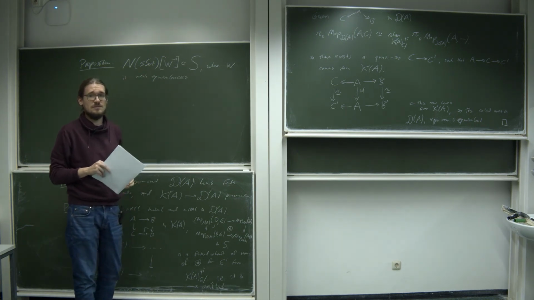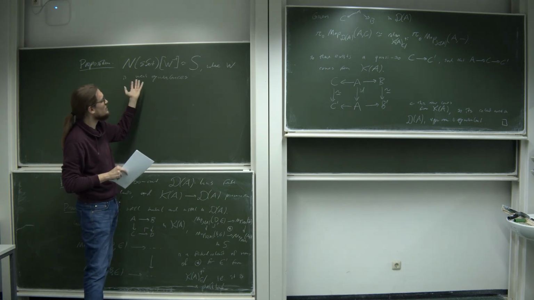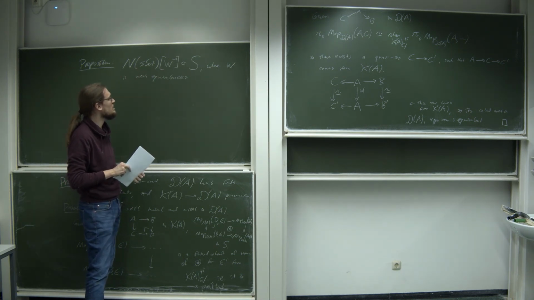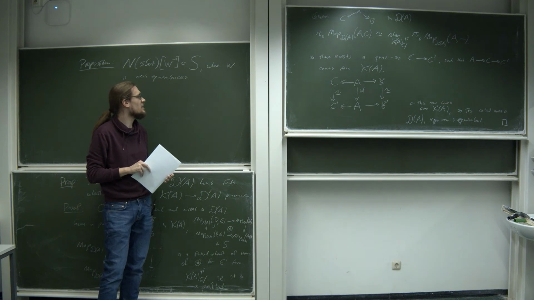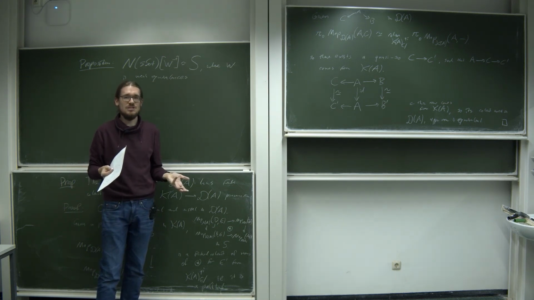And in fact, it's precisely this kind of insight, even though he didn't state it in precisely this formulation, I think this notion of localization is due to Dwyer and Kahn, basically. But even before that, Quillen set up his machinery of model categories exactly to tackle these kinds of questions, right?